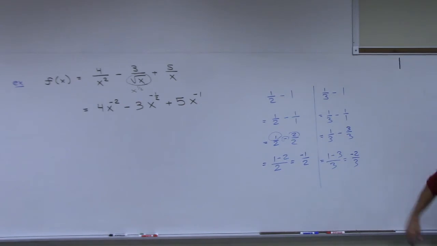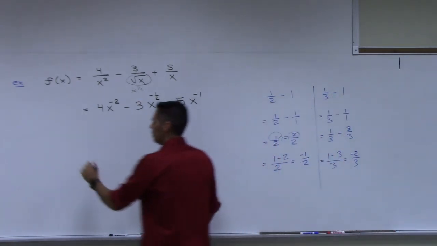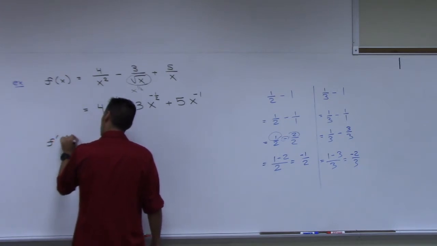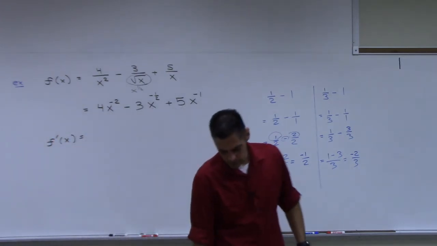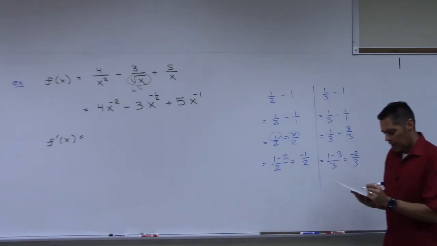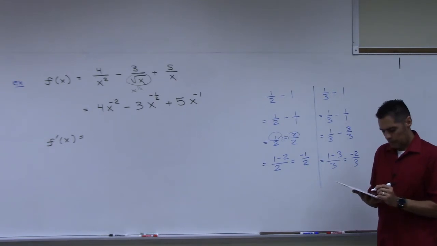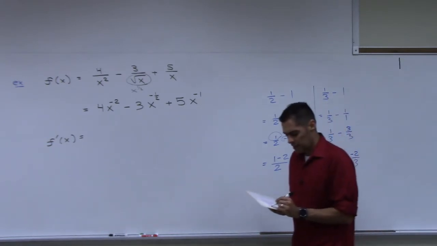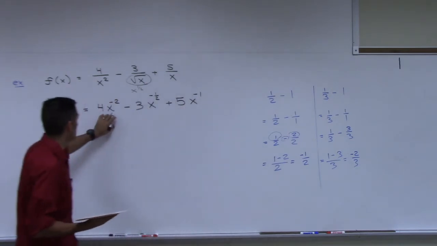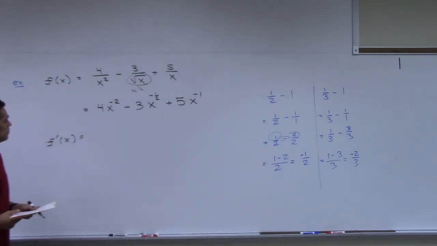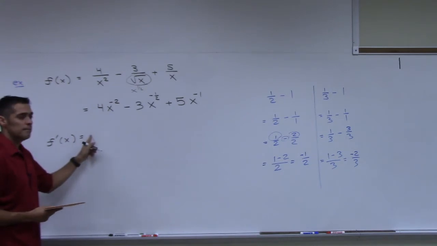And now you go through and do your derivative. So let's see here. I think we're at Caitlin. Where's Caitlin? No Caitlin? Georgette? Okay. Georgette, is this making sense to you so far? Yeah. Okay, what about this first one? So you would bring down 4, and then multiply it by negative 2, and then x to the negative 3.